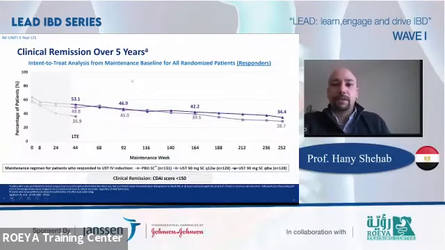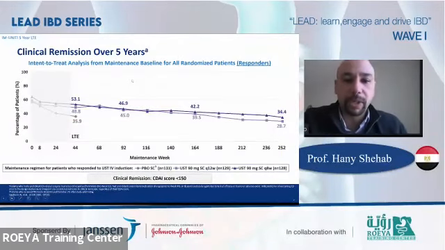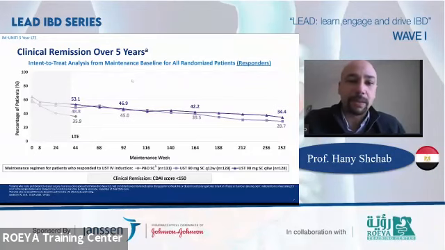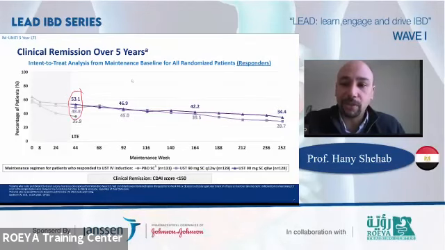So let's see the results. So clinical remission. Now, first of all, clinical remission, we're talking about a CDAI score of less than 150. So this is a very stringent criterion. Nevertheless, at 44 weeks, we had about 53% or 50% of the patients maintaining this clinical remission, and a very slow decline up to that by 5 years, you have about 30 to 34% who have a clinical remission.